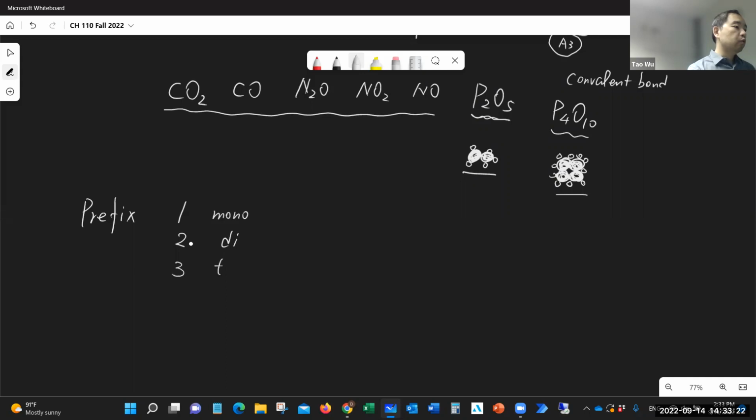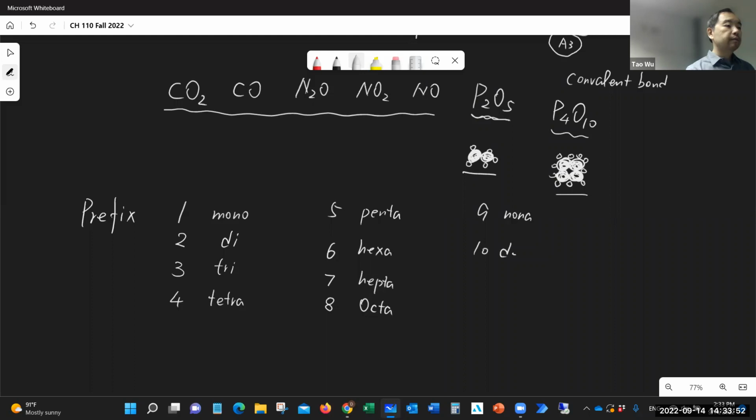Three atoms, that's tri. 4 atoms, that's tetra. 5 atoms, that's penta. 6, that's hexa. 7 is hepta. 8 is octa. 9 is nona. 10 is deca. Okay, so those are the prefixes we're talking about.